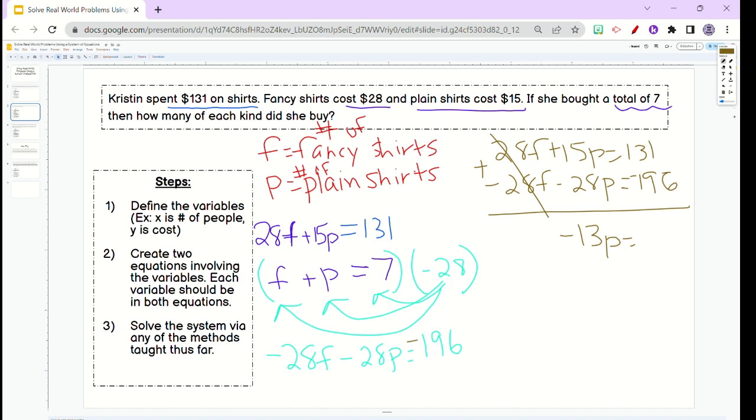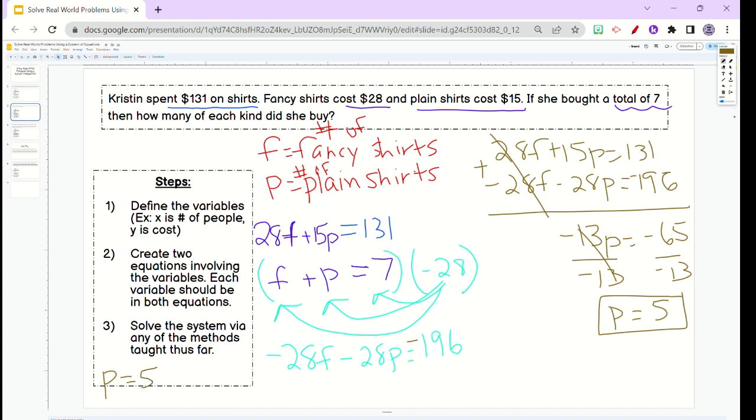So we have here 131 minus 196, and we have negative 65. Alrighty, then divide both sides by negative 13, and we get P is equal to 65 divided by 13, and we get 5. So the number of plain shirts, 5 plain shirts.